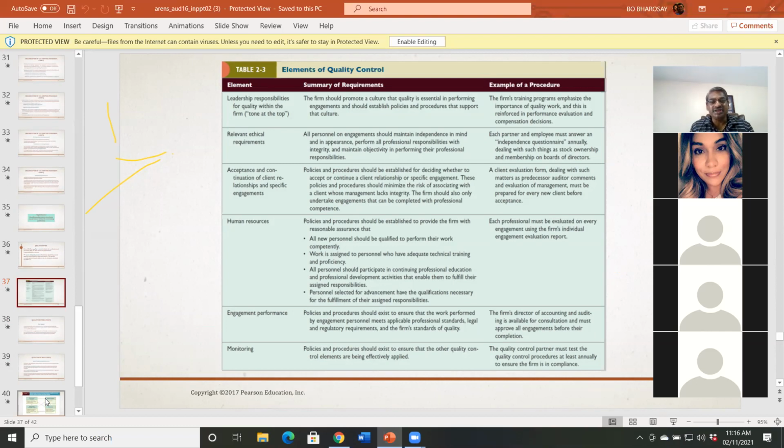Human resources policy. You'll see that the big 4 accounting firms want to hire the best and the brightest, right? Because they want the best accountants working for them. So they will pay you top wages to go to their organization. Engagement performance. And in any evaluation, we want to monitor it to see that the system is working as prescribed.